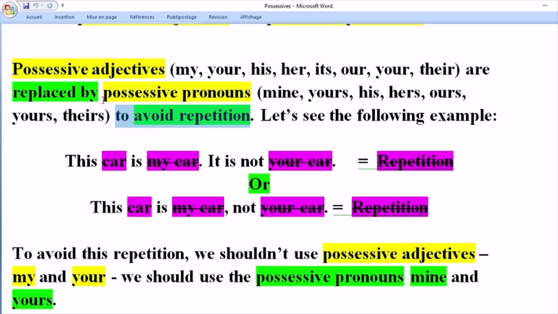What does that mean? It simply means that we use pronouns, possessive pronouns, to replace possessive adjectives so as not to make repetition.